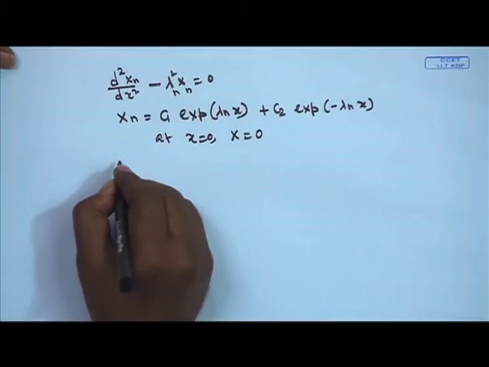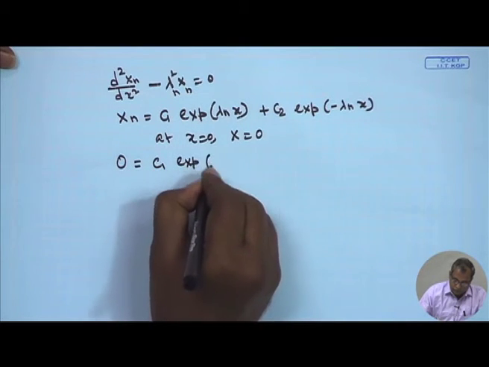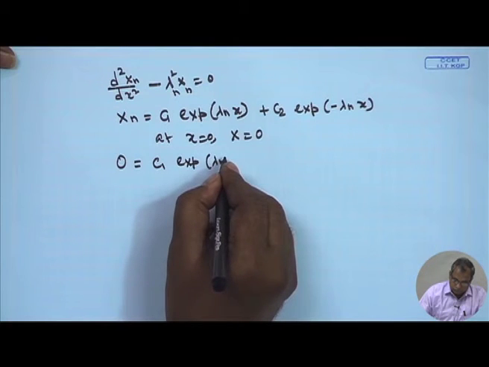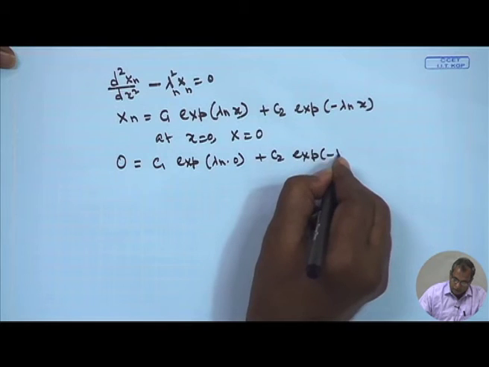So, if we do that, we get 0 = c1 exp(λn · 0) + c2 exp(-λn · 0).